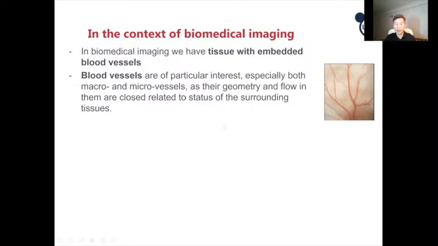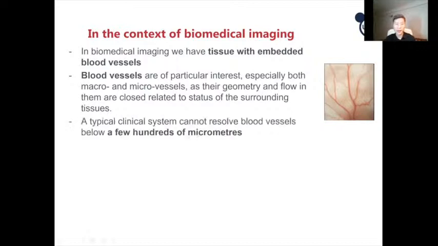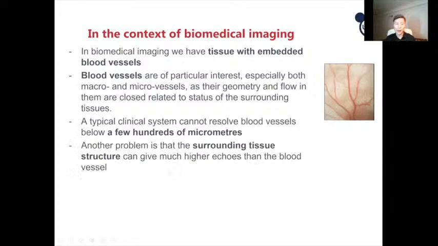For example, the early development of cancer involves so-called angiogenesis, where small vessels form. A typical clinical system cannot really resolve small blood vessels below a few hundred microns, although they can carry very important information.